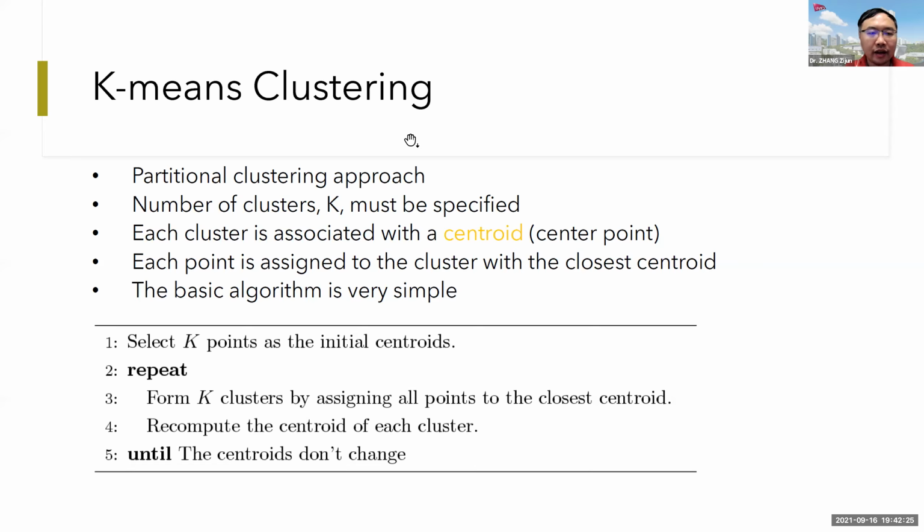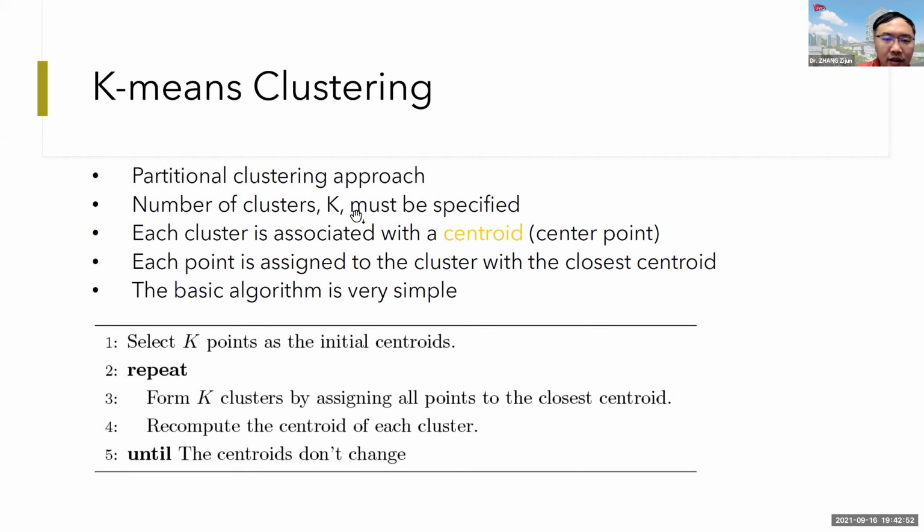So first, let's look at K-means clustering and its basic principle. K-means clustering is super simple, very straightforward. It is the most famous and widely used partitional clustering approach. In K-means, the K indicates the number of clusters we would like to partition.